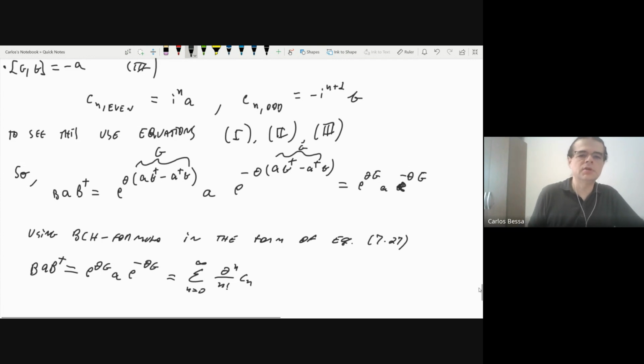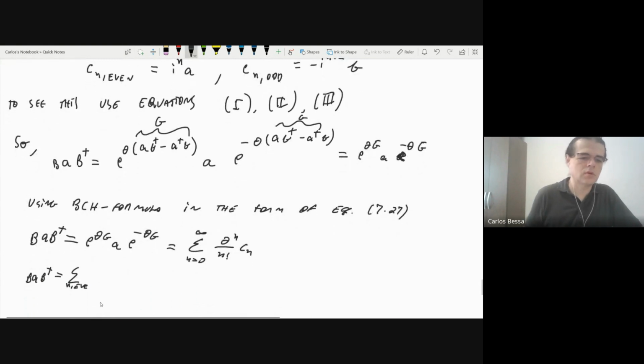So putting these things here, we will find that B A B dagger will give this sequence, sum over n even, i theta^n over n factorial A, minus the sum over n odd, i here, sorry, i theta^n over n factorial B. Okay, this is the odd part, and this is the even part.